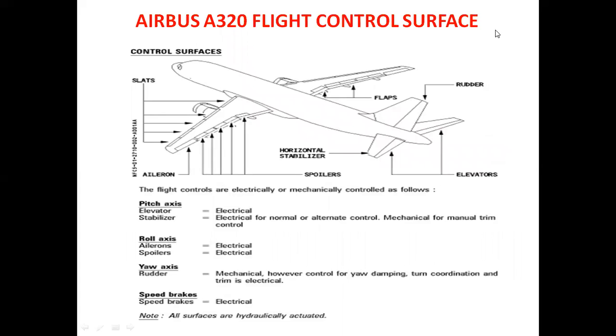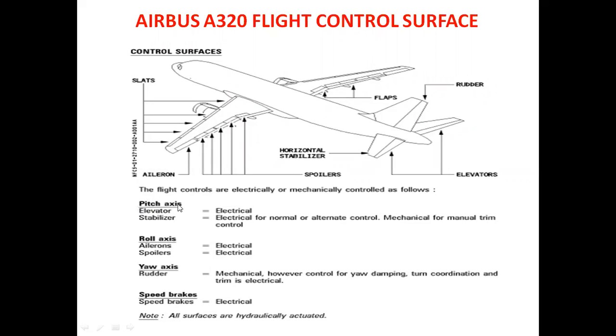So this is almost all the flight controls available on the Airbus 320. The Airbus 320 has slats, aileron, spoilers, elevator, flaps, rudder, and horizontal stabilizer. So we can say it's a combination of primary and secondary. Now we'll divide them as per the axis.